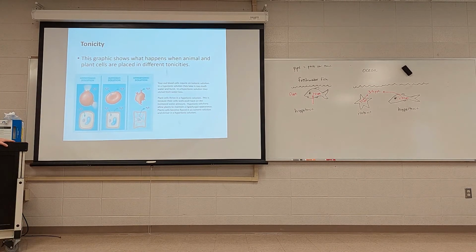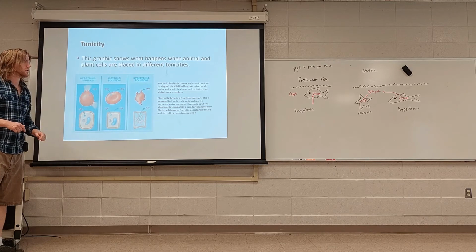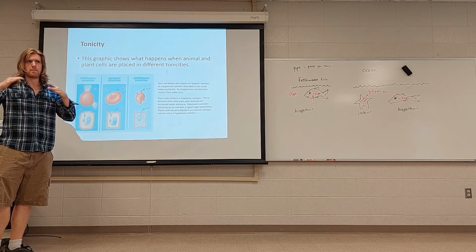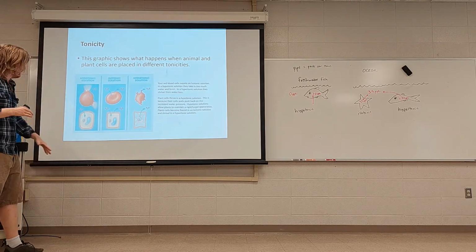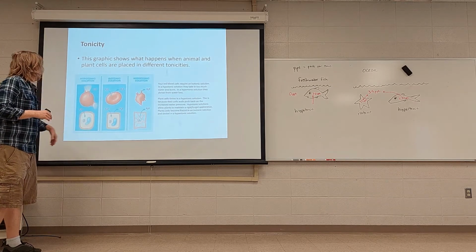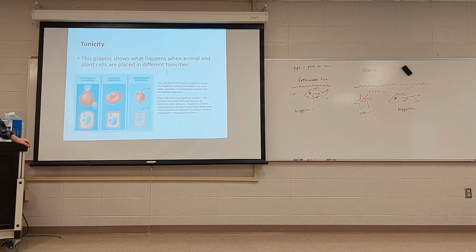And plant cells, you can see there, plant cells do best with a hypotonic solution because they want to fill up with water and become rigid, and they've got the cell wall pushing back against that water pressure, so they won't burst like your cells would.